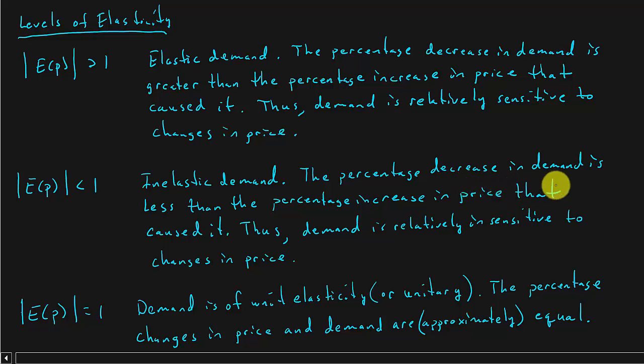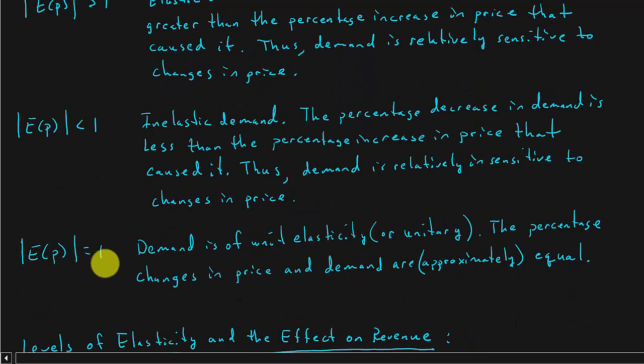The percentage decrease in demand is less than the percentage increase in price that caused it. Thus, demand is relatively insensitive to changes in price. And then if it's equal to 1, demand is of unit elasticity or unitary. The percentage changes in price and demand are approximately equal.